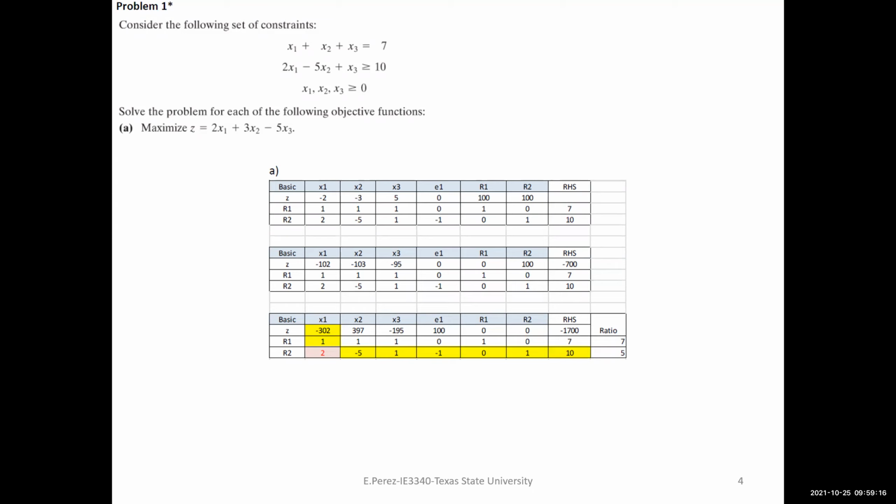So again, you can use the big M method for maximization and minimization. You can use the two-phase method for maximization or minimization. In this case, I'm using the M method. I'm relying on the artificial variables to find an initial solution. So I'm using M equals 100.